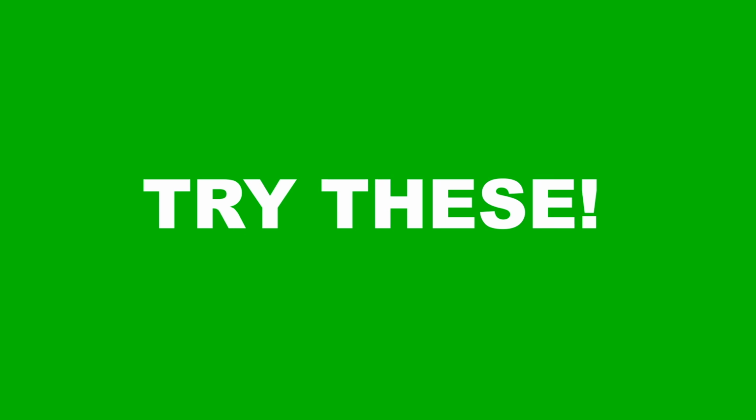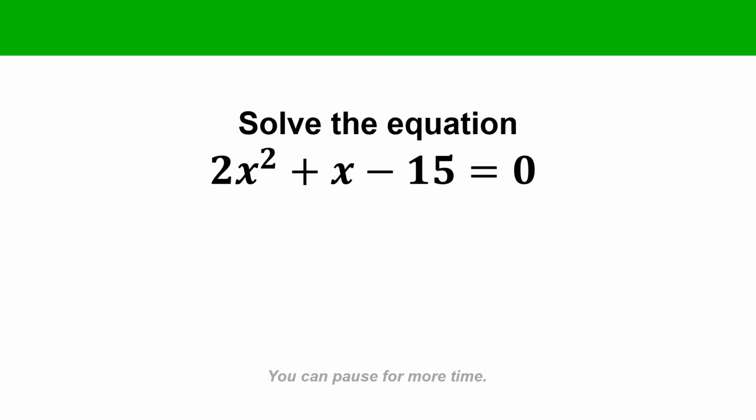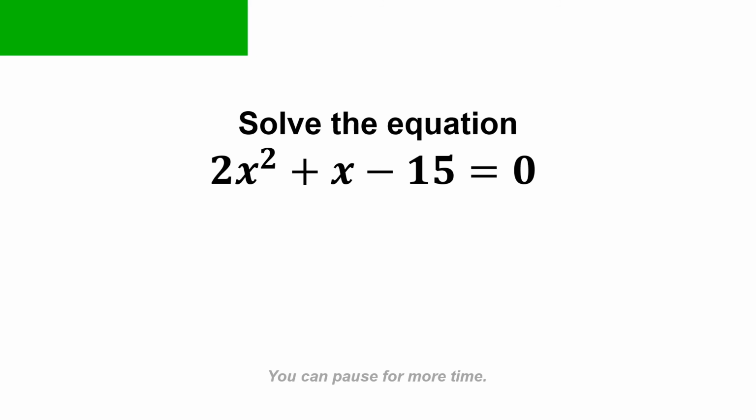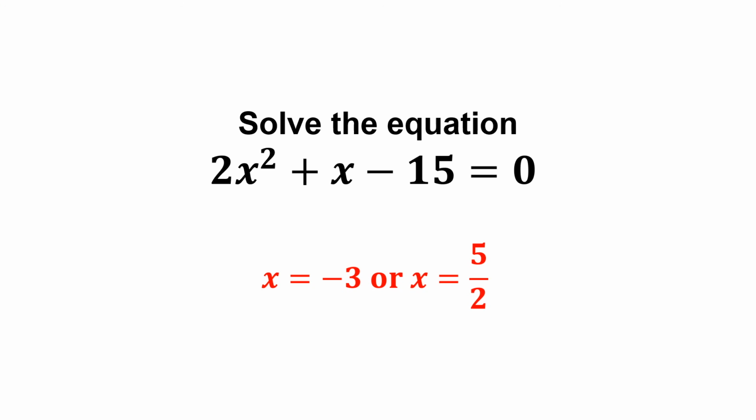Now, try this. Use the quadratic formula in solving the equation 2x squared plus x minus 15 is equal to 0. The solutions are x is equal to -3 or x is equal to 5/2.